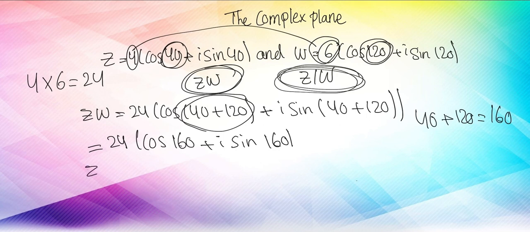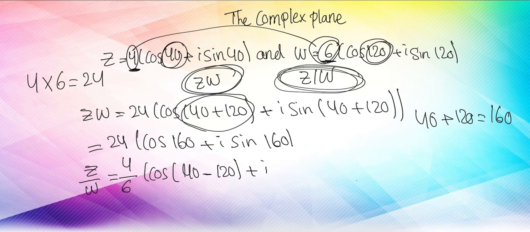Now we write z over w. How do we find z over w? We use the number 4 and the same 6, so we write 4 over 6 times cos. And we write the same angle, but now for division we write 40 minus 120: (cos of 40 minus 120 plus i sin of 40 minus 120).